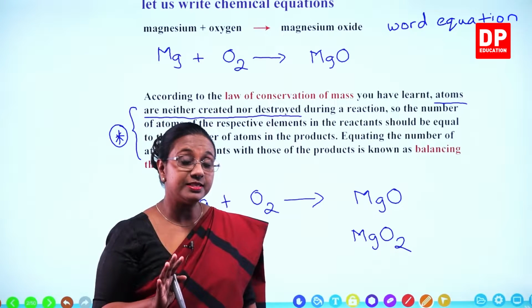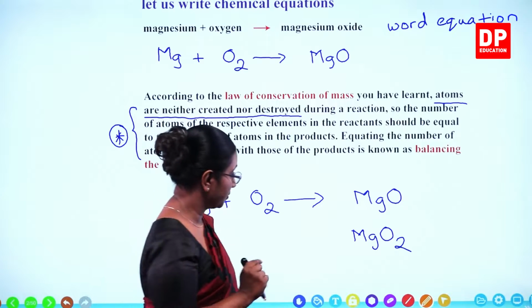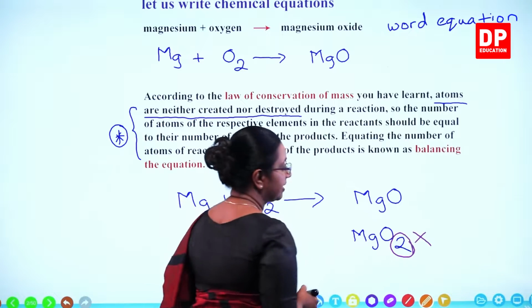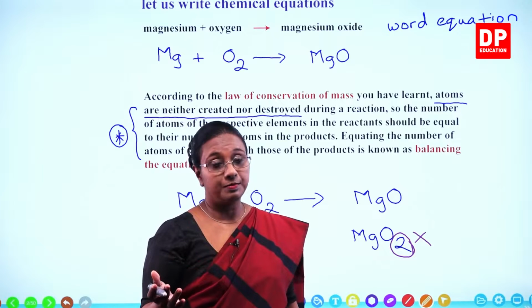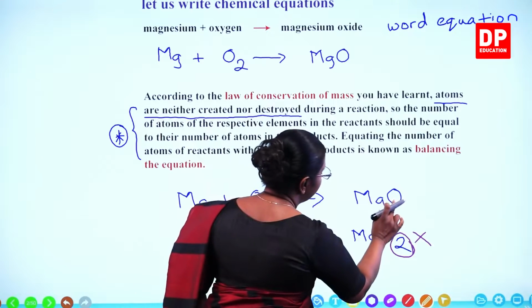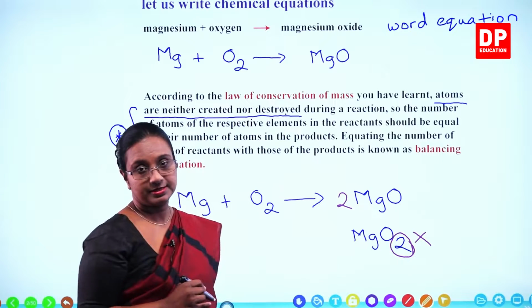If it is magnesium oxide, one magnesium combines with one oxygen. So you can't write it as a subscript. Here you are changing the formula of the compound. So that's wrong. So what we do is we put that 2 in front of this.